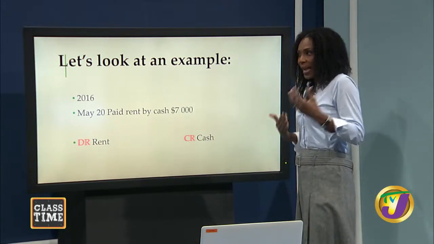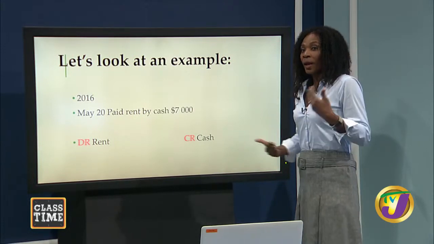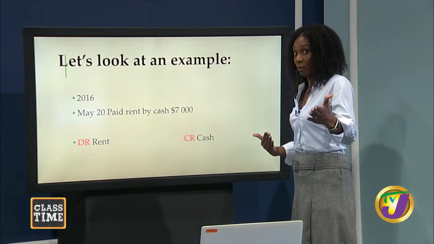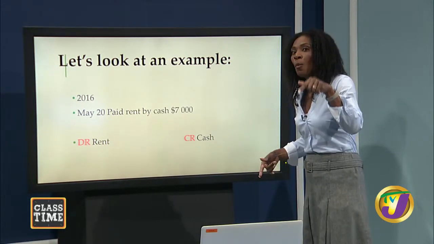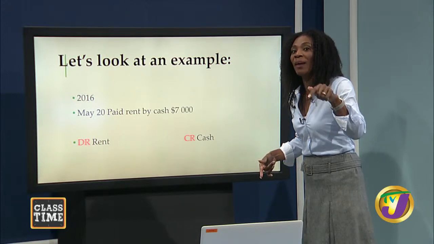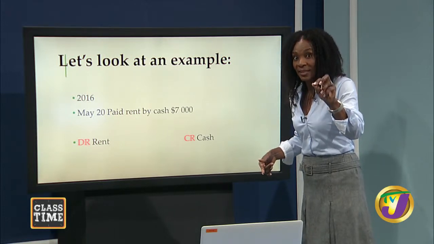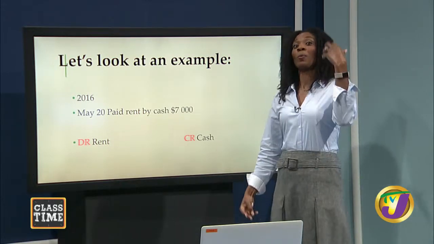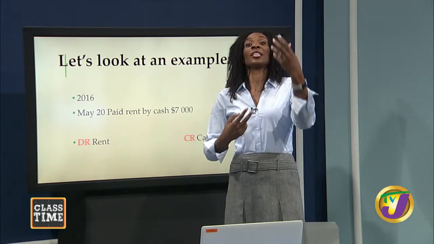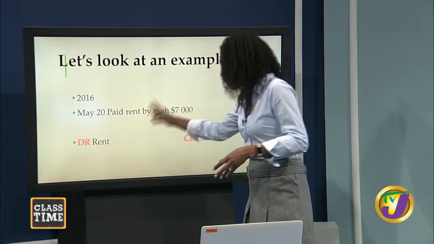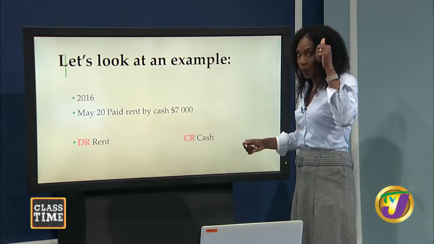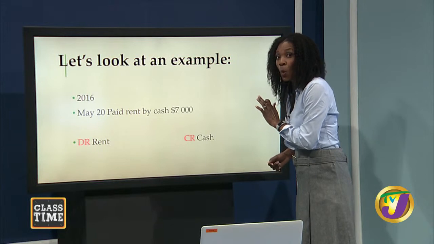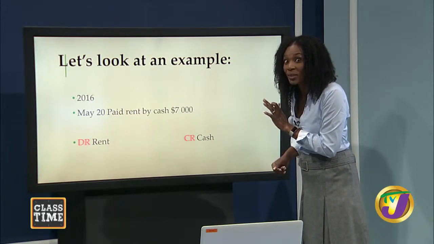Good. Analysis. We use the cash, which is an asset, to pay the rent. Do we have more asset in the form of cash or do we have less? We have less. So we will credit the cash account. Expense was incurred. We've increased expenses, so we are going to debit the rent account. Good. You can't forget these principles, students. Hold them tight to your bosom. Don't let them go.